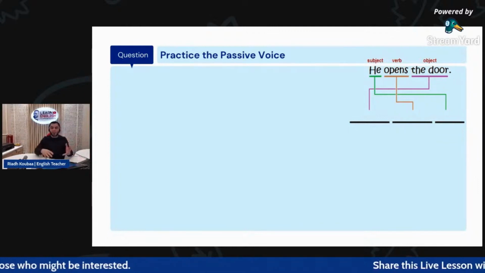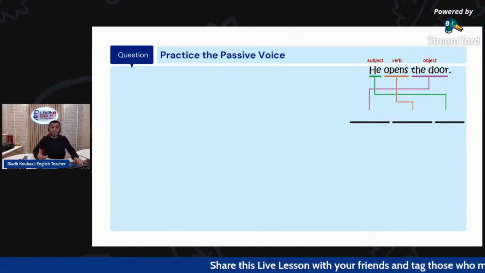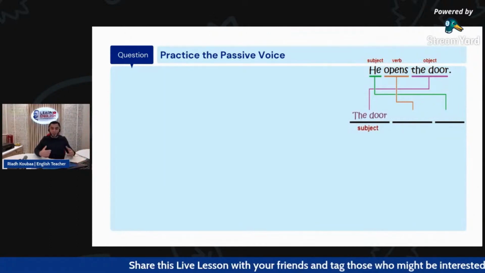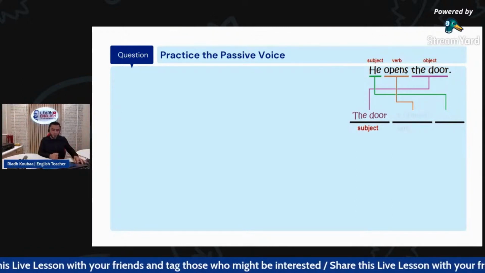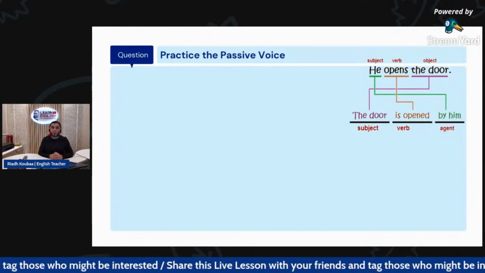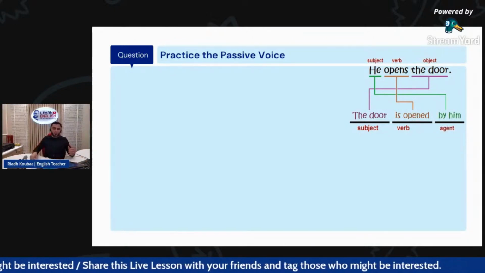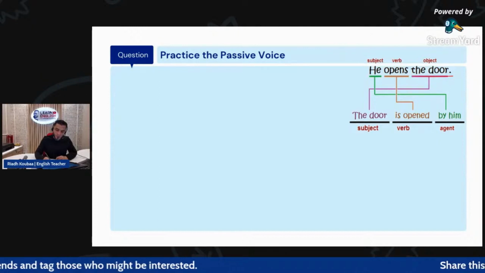As you can see, we have some arrows in different colors. If I want to express this sentence differently, it becomes the door. So I'm going to start with the door here. Then is opened. And then we have by him. So the object in the first sentence has become the subject.